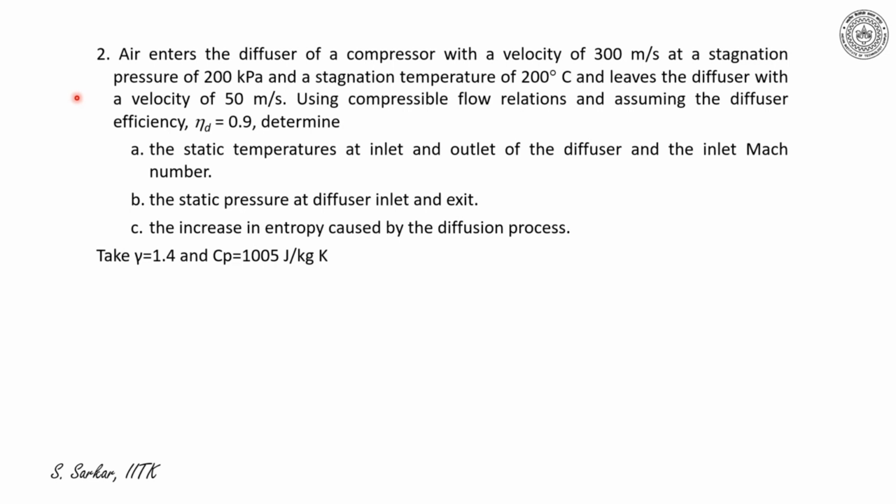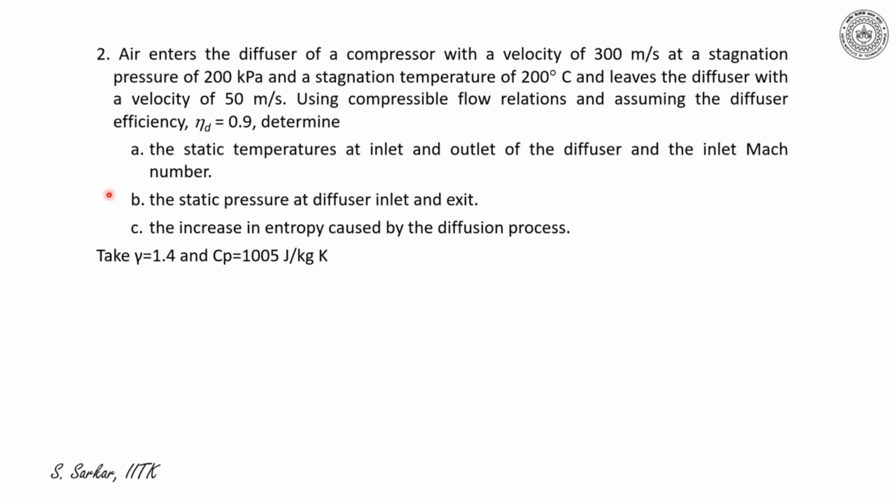Using the compressible flow relations and assuming the diffuser efficiency eta D equal to 0.9, determine A, the static temperature at inlet and exit of the diffuser and the inlet Mach number.